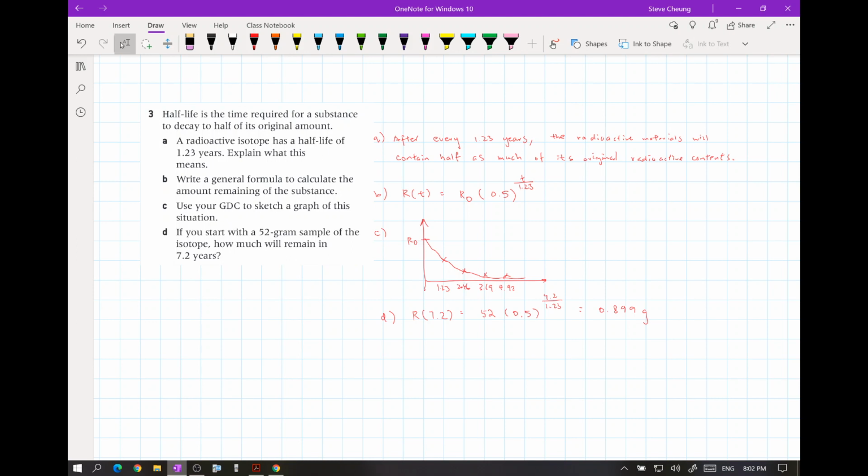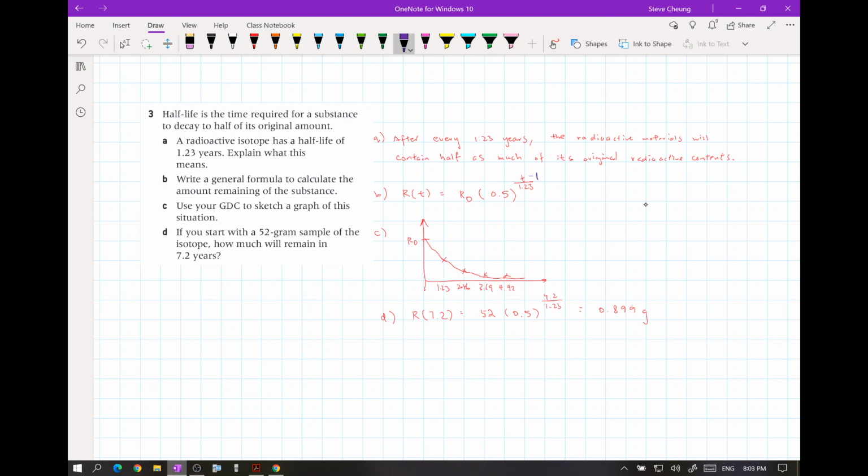Yes, the answer key is incorrect. So it should be 0.899 grams only. The answer key actually subtracts 1 here, which they shouldn't do. Because if t is 1, that means after 1 year, then they are right.